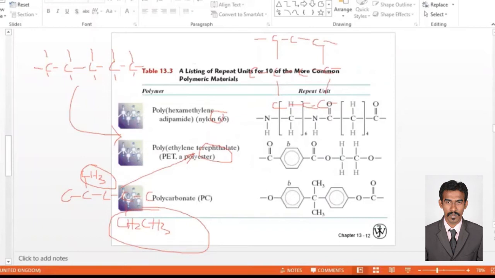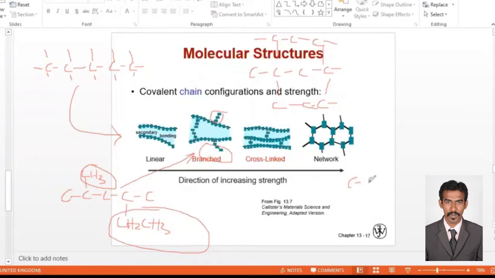So this is actually C, C, C, C, C, and C. Six carbons are there. This is the actual structure, but for easiness and standardness, we will write it like this. This and this are equal. And then we will have an H.